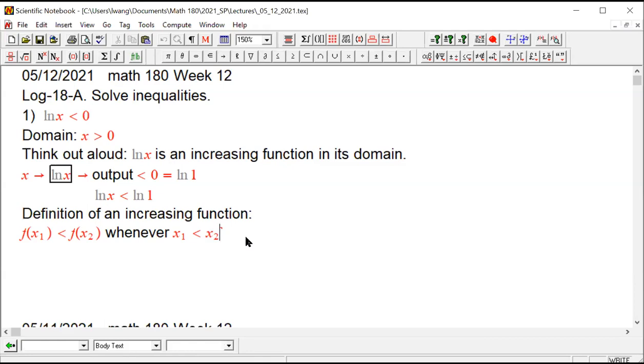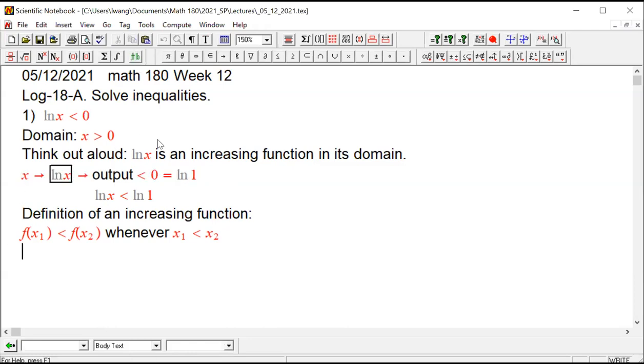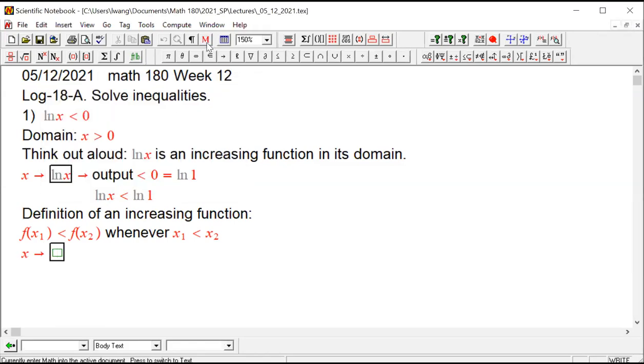What it means is this: x goes through the function f, and f of x comes out.